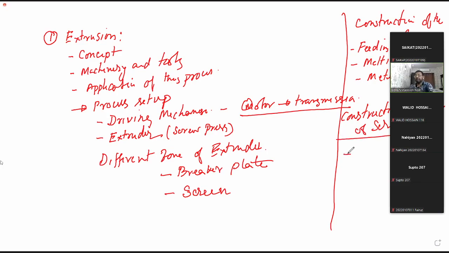We identified some dimensional parameters of the screw extruder. First, barrel diameter. Then channel depth. Screw pitch, length of the screw, and another parameter, flight angle.